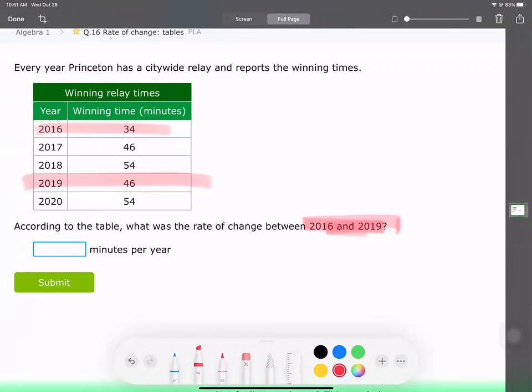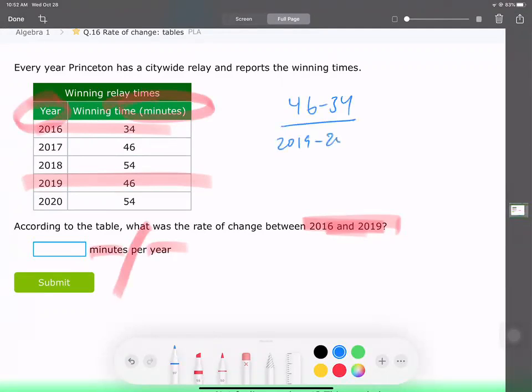Now, according to the table, what is the rate of change in minutes per year? So minutes on top, years on bottom. When you say per, remember, the per part is on the bottom. So what was the change between 2019 and 2016? 46 minus 34 over, keeping the same order, 2019 minus 2016, keeping that same order.